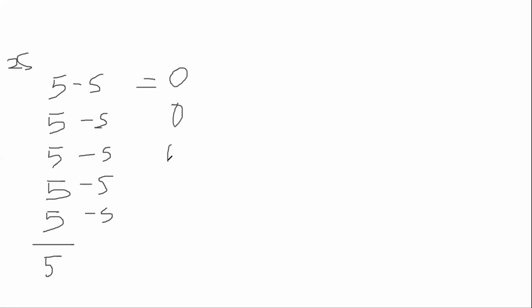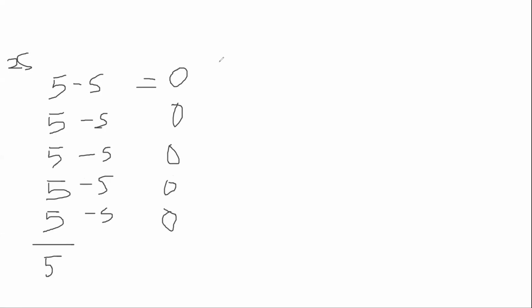What would be the average? Average would be 5, so 25 is the total age. If I subtract 5 from 5, five times, what am I going to get? 0, 0, 0, 0, and 0.